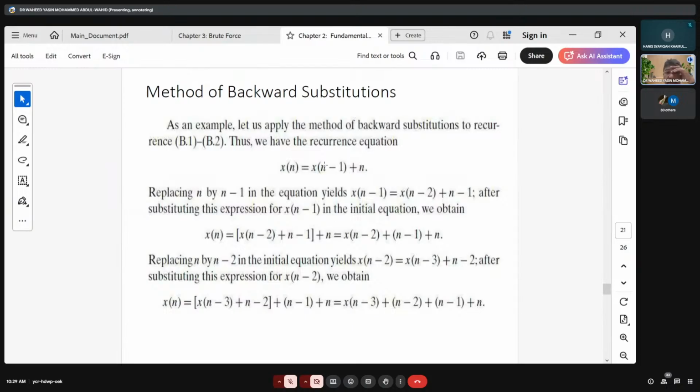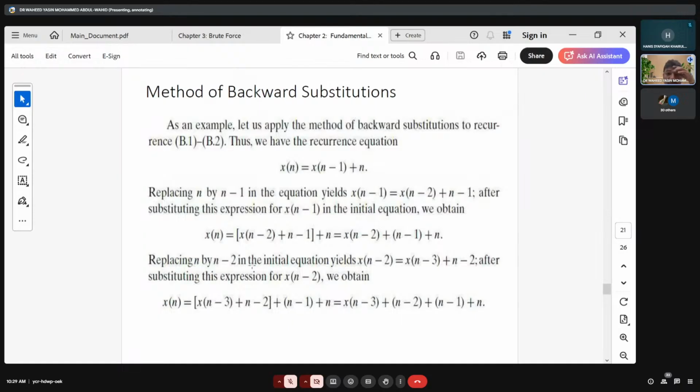So here we replace n with n minus 1. By substitution into the initial equation, we obtain xn equals xn minus 2 plus n minus 1 plus n.